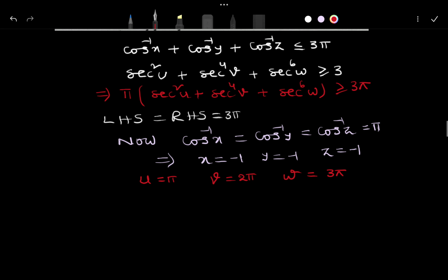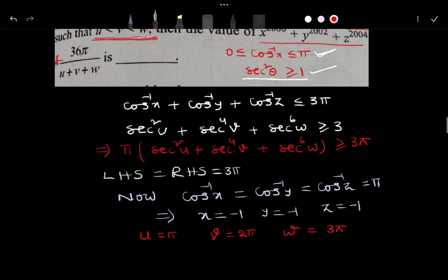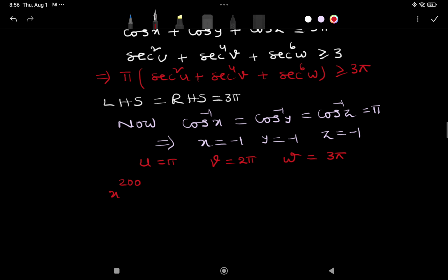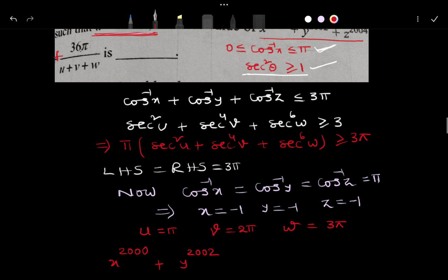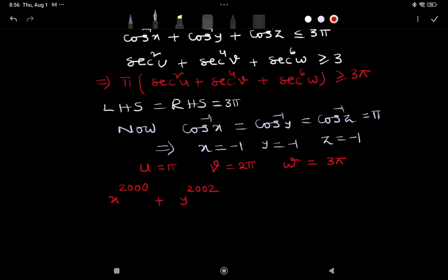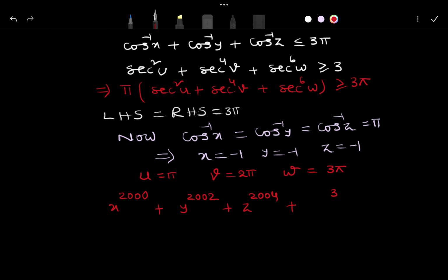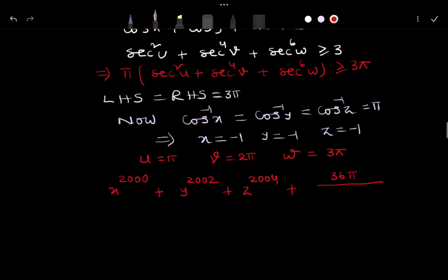So now according to the question, we should find out x to the power of 2000 plus y to the power of 2002 plus z to the power of 2004 plus 36 pi whole divided by u plus v plus w.